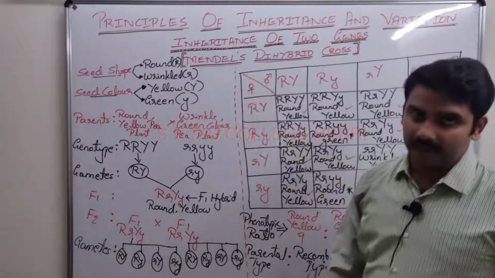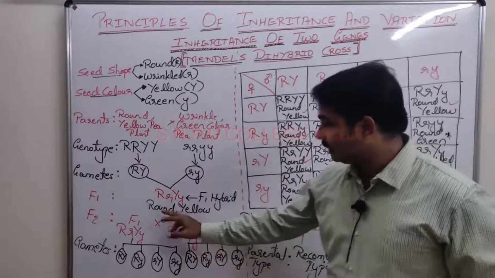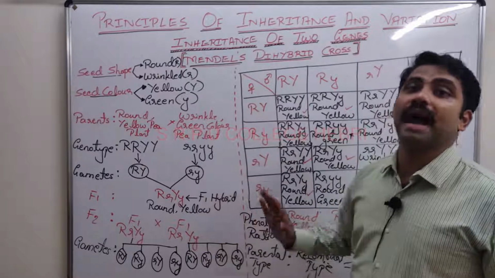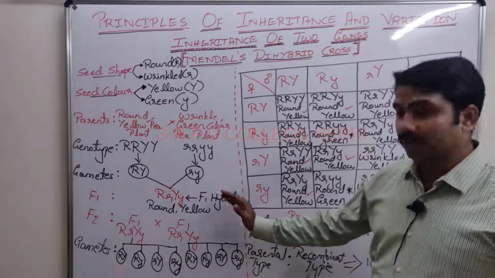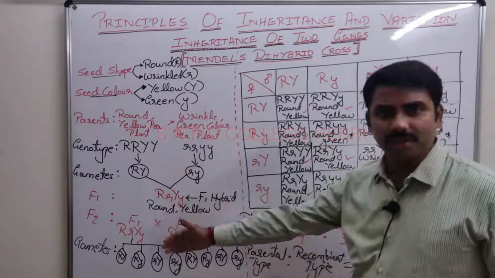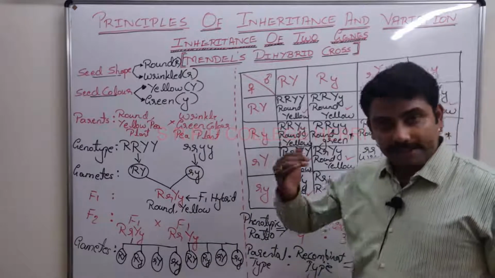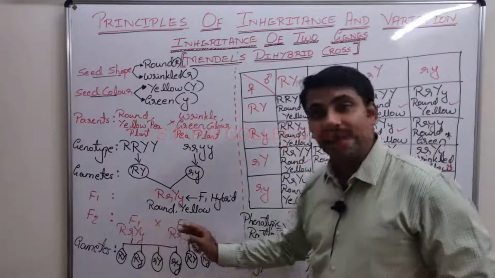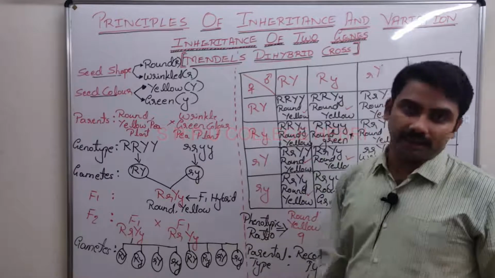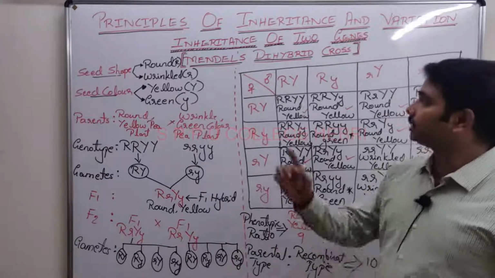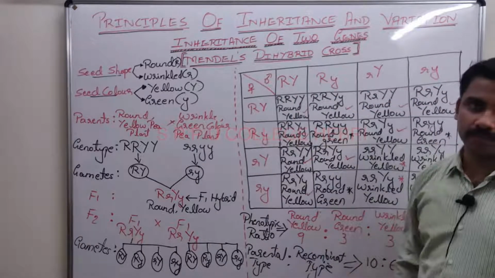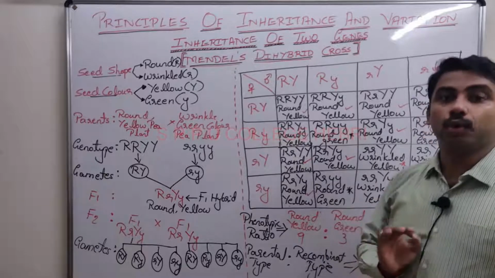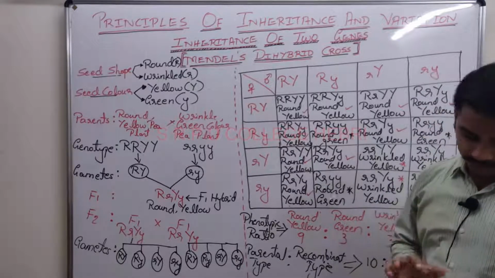Continue the line. Here, this is an F1 hybrid. Write in your own words. Very simple. Next line. F1 plants are self-pollinated to get F2 generation.